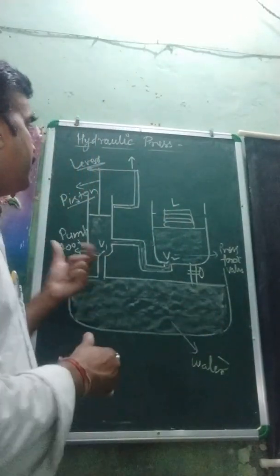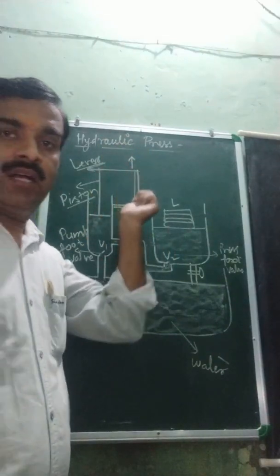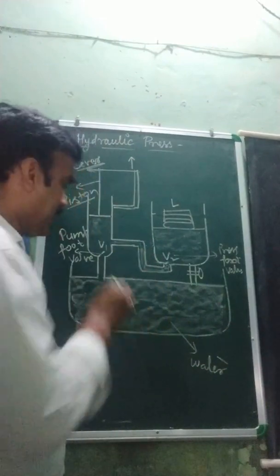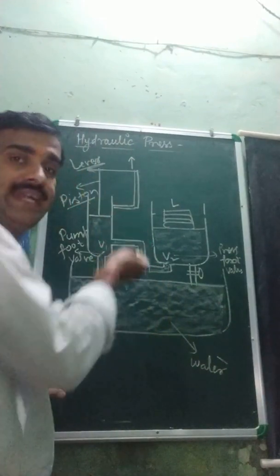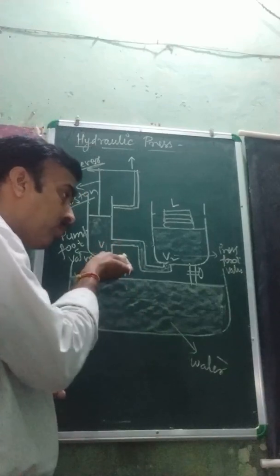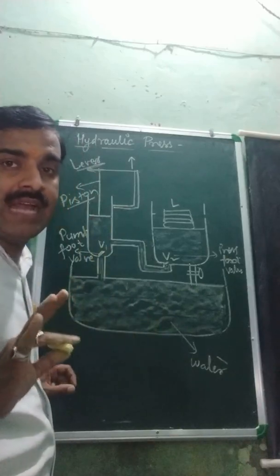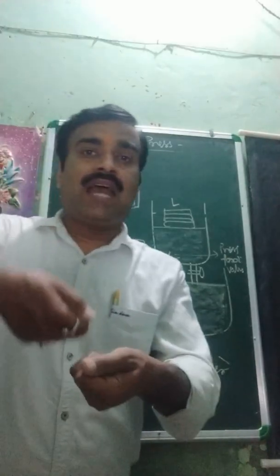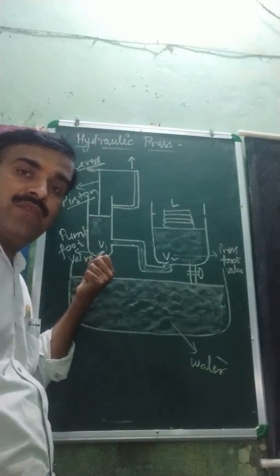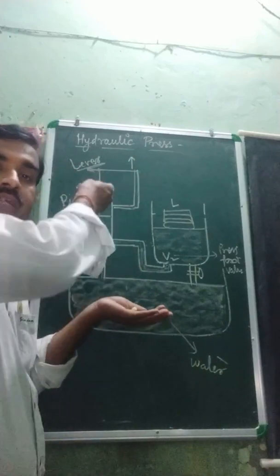Okay, so once we lift it, and see here below it there is a water level. So once we are going to lift it, this valve will move in the upward direction. Try to see from the diagram, try to understand. Once we lift it, in this condition valve V1, that is pump foot valve, will move in the upward direction.